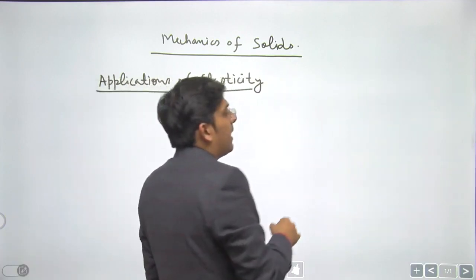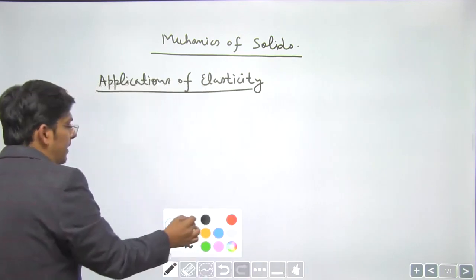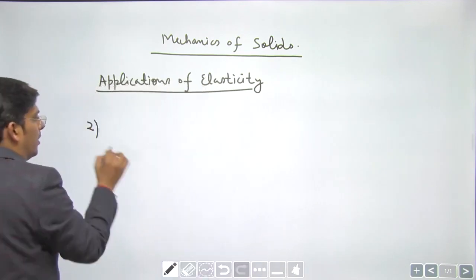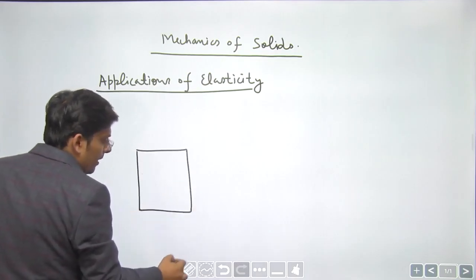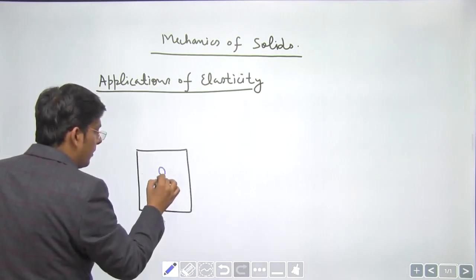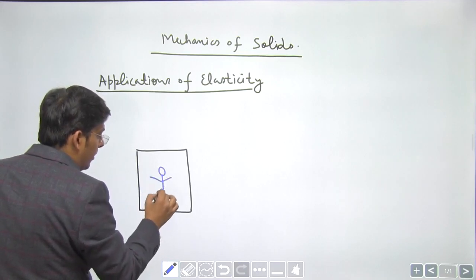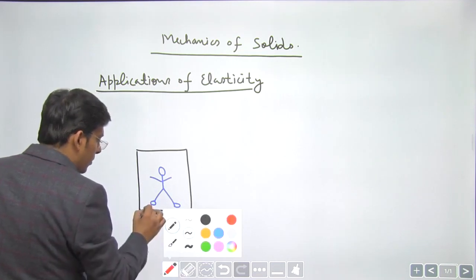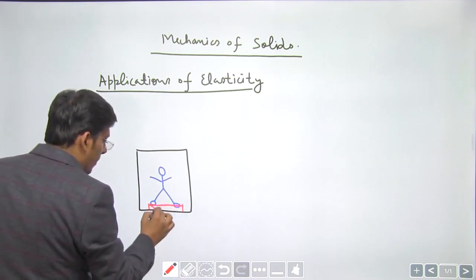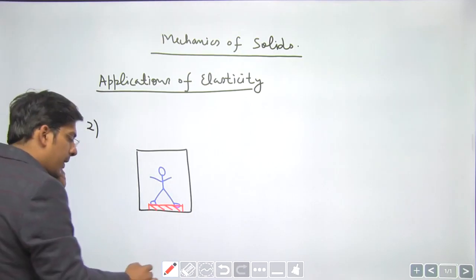Another application is deciding the radius of ropes or cables used in lifts, right? Human life is a very valuable thing, right? And obviously you will understand it when you become a doctor, dear students. So a person is inside a lift, right?